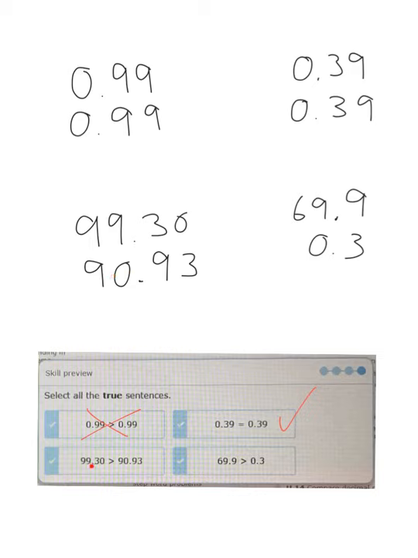So yes, 99 and whatever is still bigger than 90 and whatever. That is true. The last one is 69 and 9 tenths bigger than 0 and 3 tenths. Again, probably didn't need to write that out. I hope you recognize that 69 is bigger than 0. So yes, those three are correct.